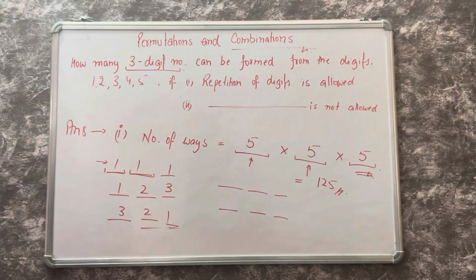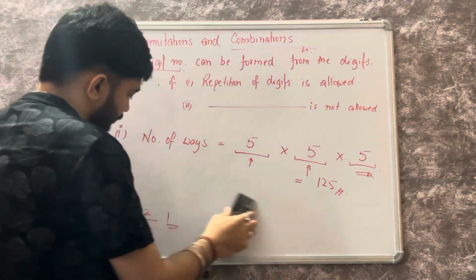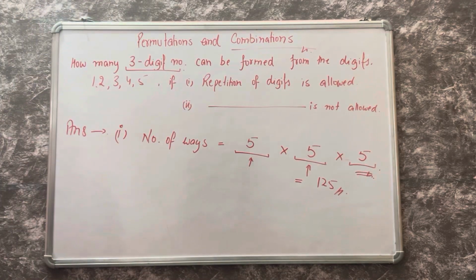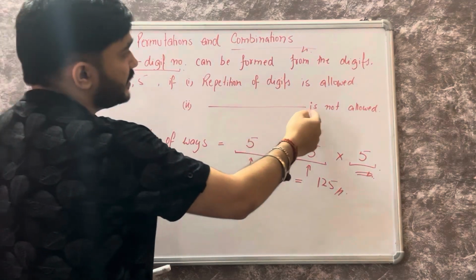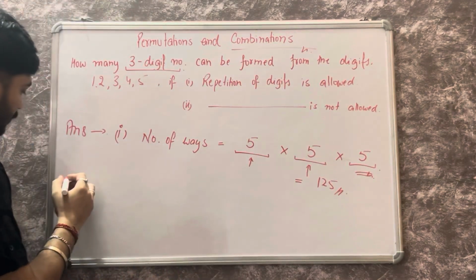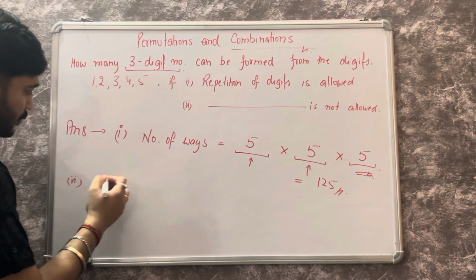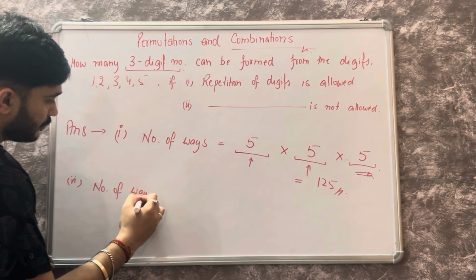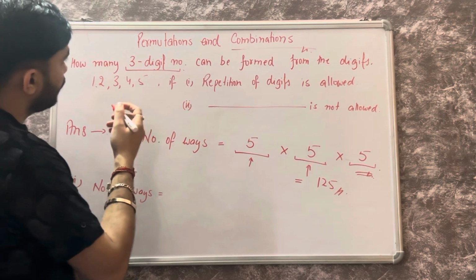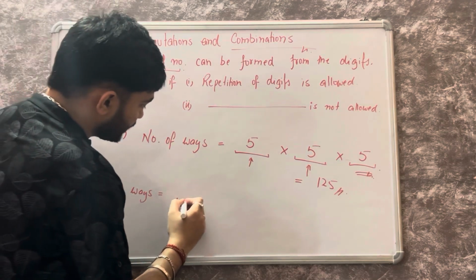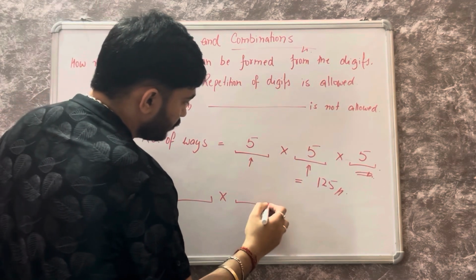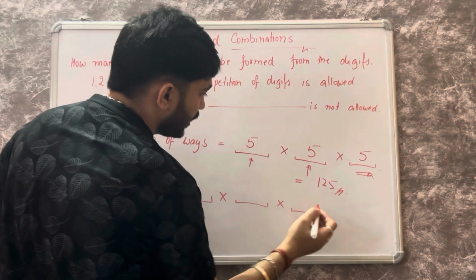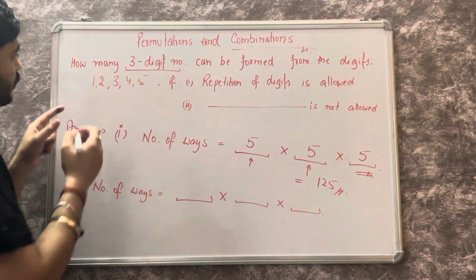Now moving forward, what if repetition of these digits is not allowed? That is the second case. The number of ways that you are going to have is, firstly get 3 spots for you, since we are going to make a 3-digit number.